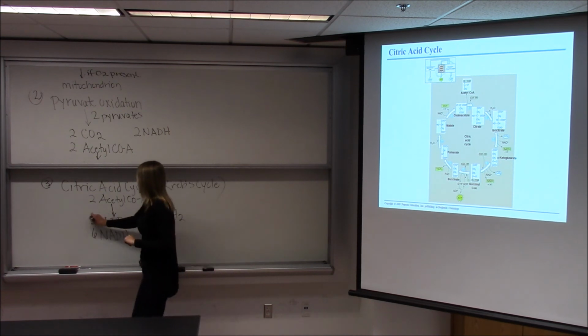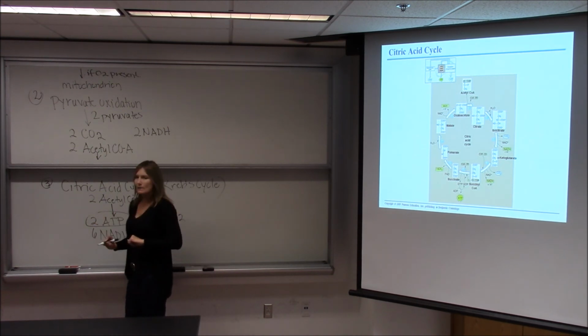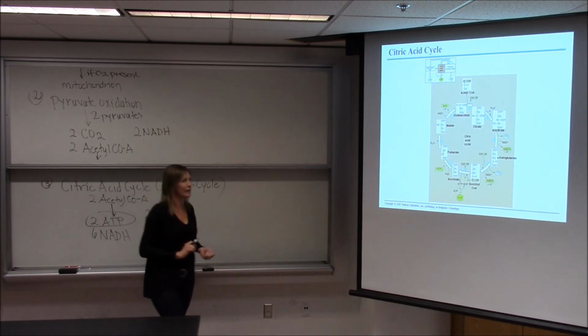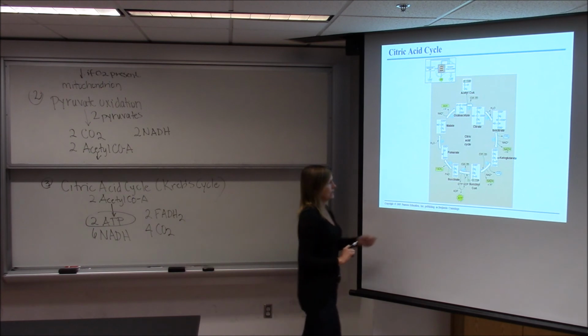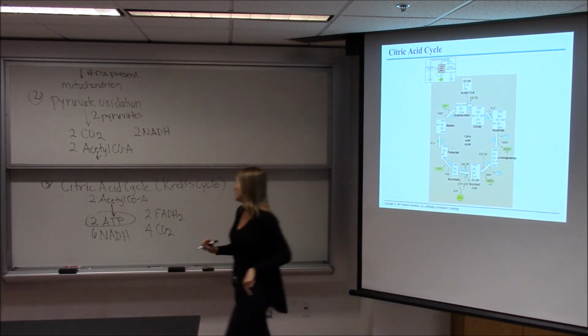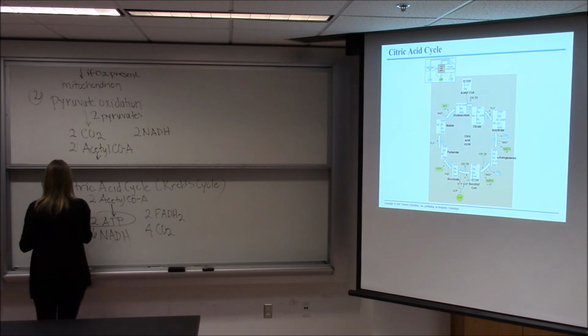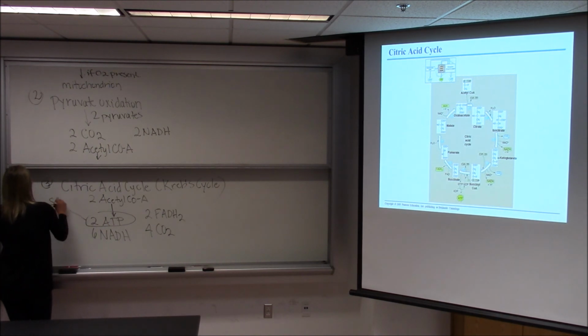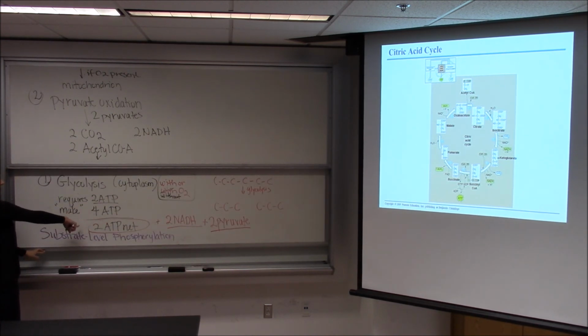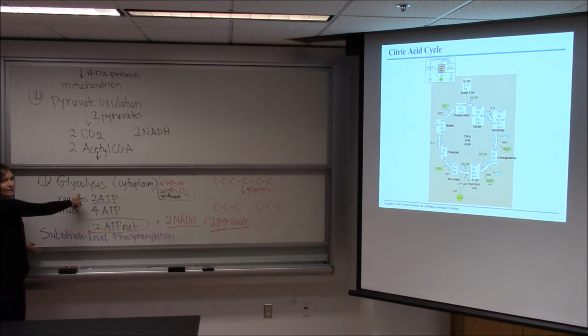How do we make these ATP? We make these ATP again by substrate level phosphorylation. Substrate level phosphorylation, using an enzyme and a substrate to transfer a phosphate group to ADP to make ATP. I'm going to just abbreviate that SLP, substrate level phosphorylation. Substrate level phosphorylation, the same way we generated ATP in glycolysis.